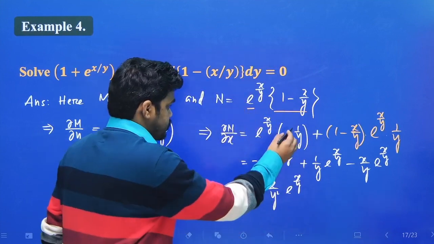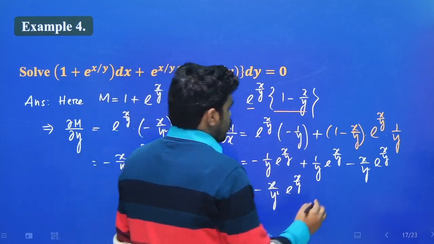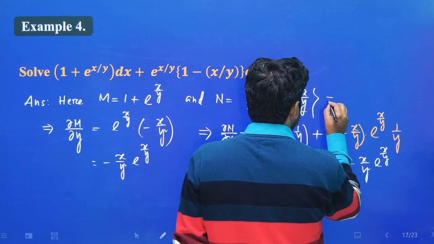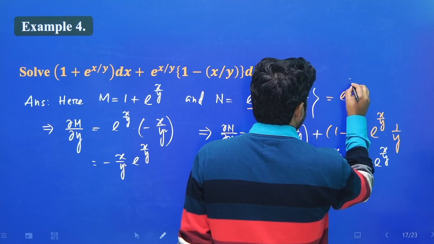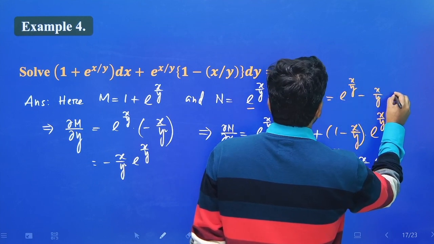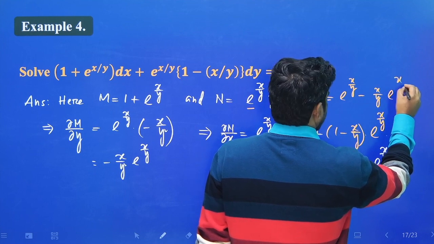দেখো এটা যদি মাল্টিপ্লাই করলে বেসিক্যালি তুমি কি দেখতে পাবে? If you multiply this, so what we get? e to the power x by y minus x by y e to the power x by y.